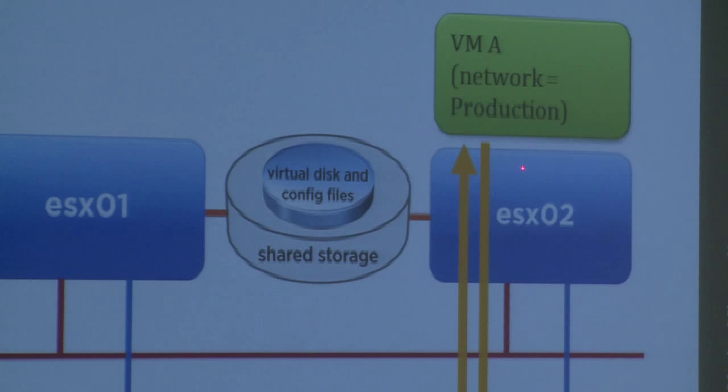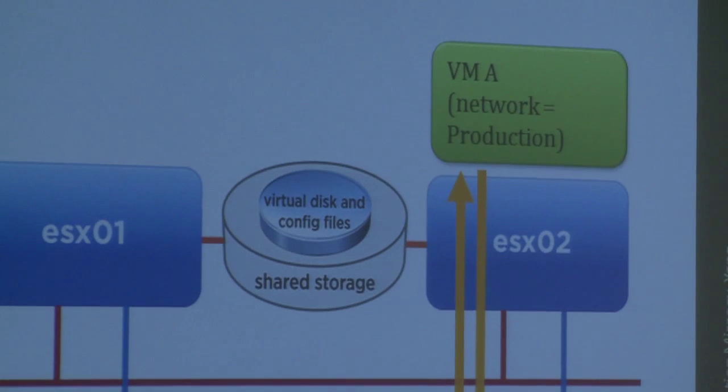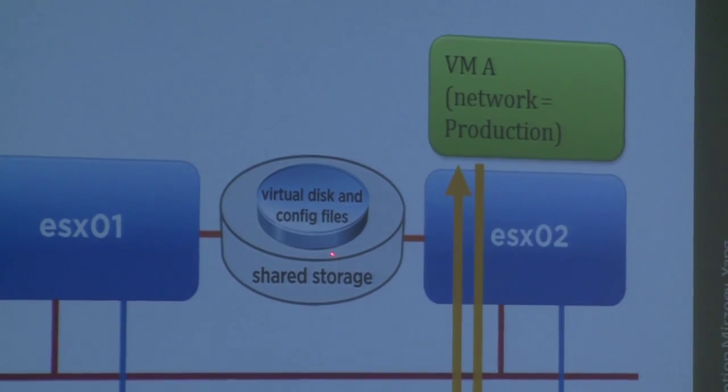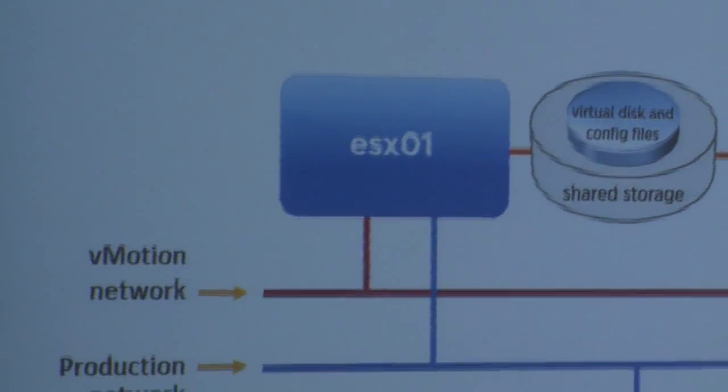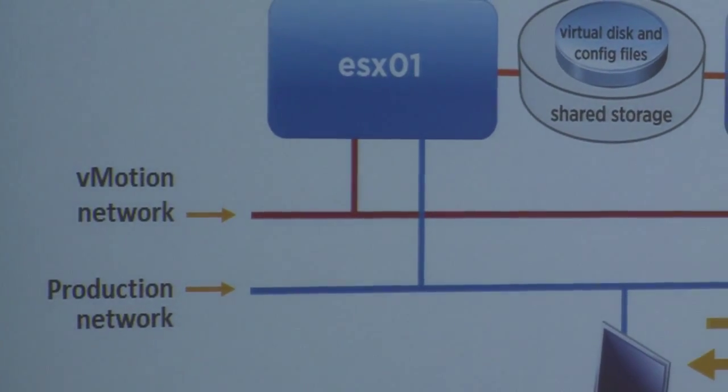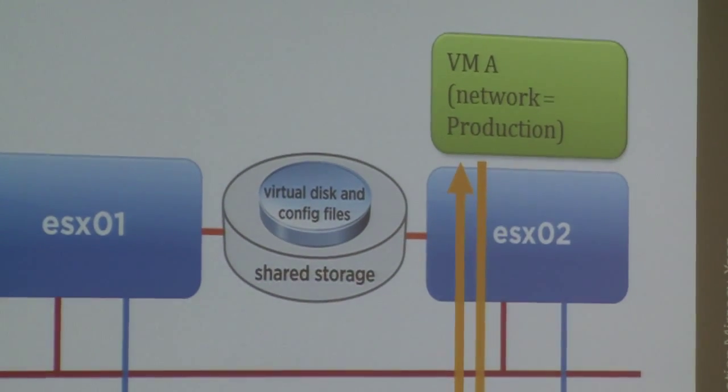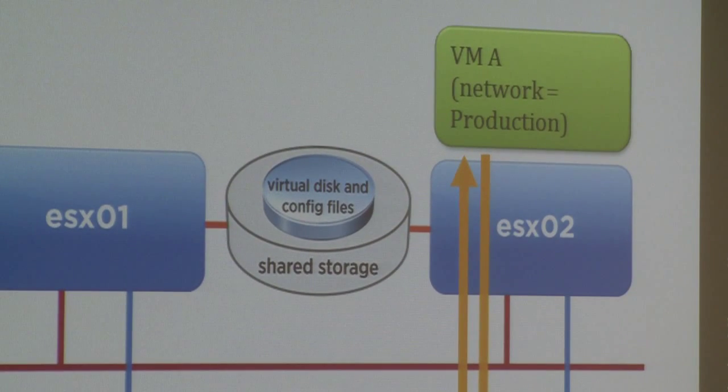You can move this VM to any server that connects to the same shared storage and is on the same vMotion network. That was my question. Yeah, but you don't really compare ESX1 to ESX2. They just meet the requirements. That's all. Because nothing happens on the servers themselves. They just accept the VM with the new bitmap and release the lock.